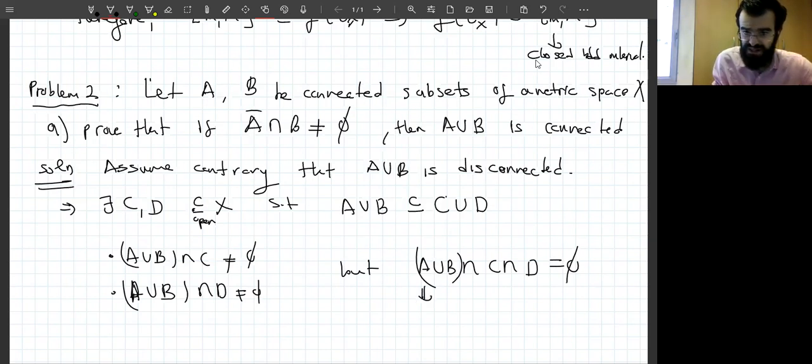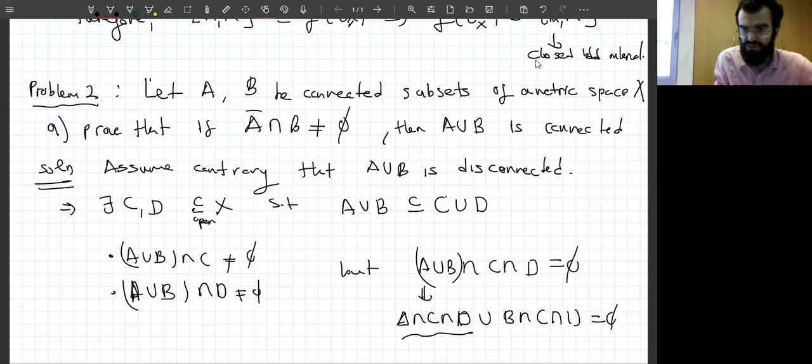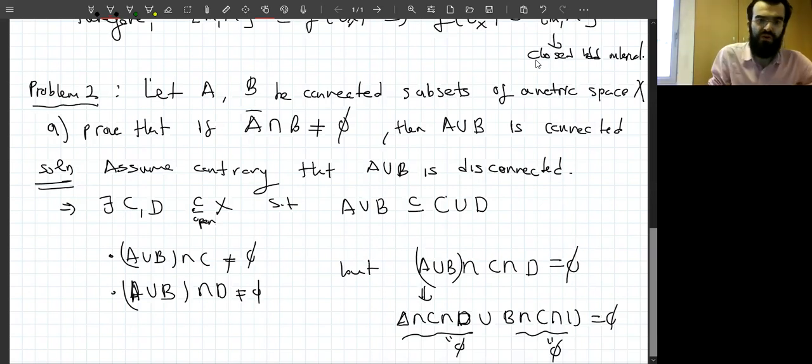This implies that (A intersection C intersection D) union (B intersection C intersection D) is empty, then both must be empty as a union. Call this star.